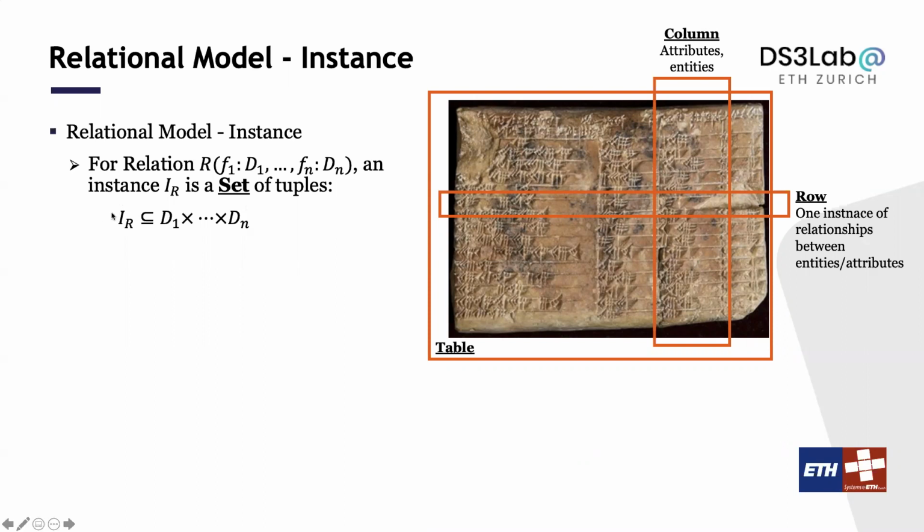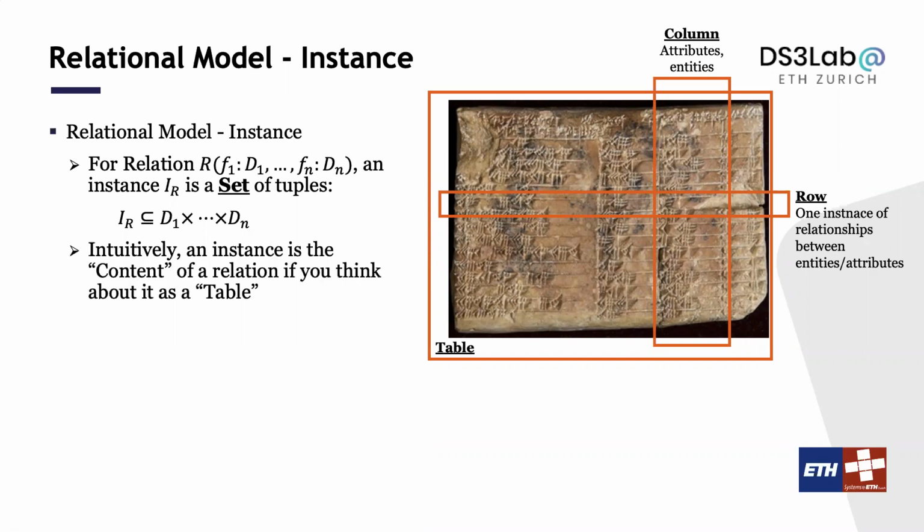And a relation instance, IR, is a subset of this cross product, which means that a relation instance is a set of tuples, and each tuple needs to satisfy the domain constraint specified by the schema.